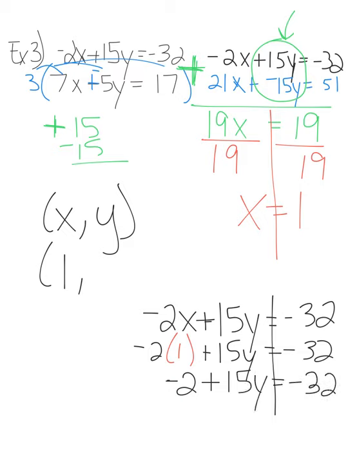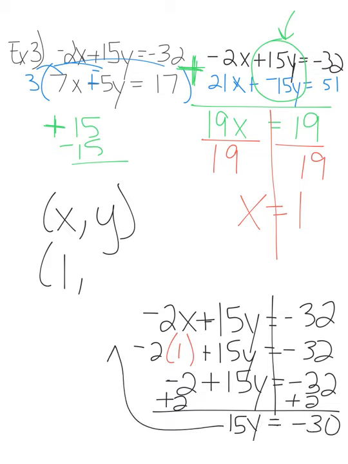We want to get the y by itself. The opposite of a -2 would be add 2. Whatever we do to one side, we do to the other. So I have 15y is equal to a -30.